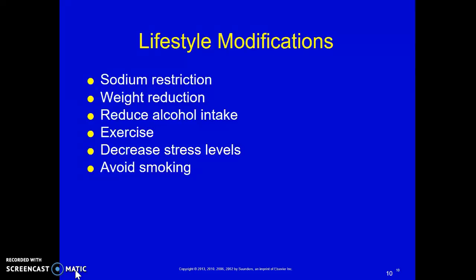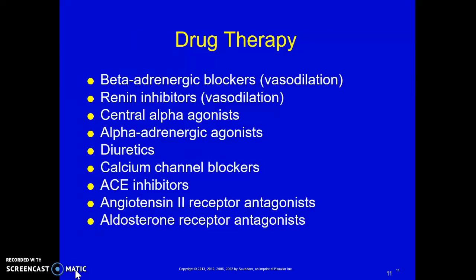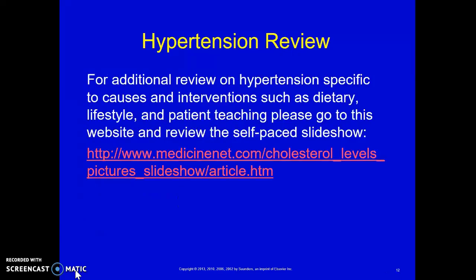Look at different ways that they can decrease their stress levels, and also avoid smoking at all costs, because it does narrow the vessels down even further. I won't go into every single drug, but make sure that you review. A lot of these drugs are the same drugs that you're going to see for congestive heart failure, so it's not a longer list, but there are one or two extras in there, and just make sure that you're aware of those. They are all used sometimes for hypertension as well.